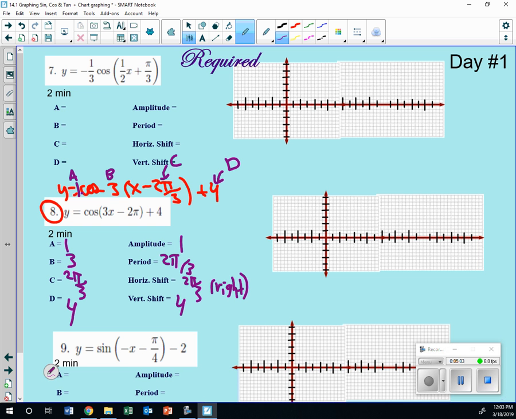Okay, so start by drawing the cosine. Cosine of 0 is 1. You got it? And so this goes up to 1, down to negative 1, and then it's going to have a period of 2 pi over 3.